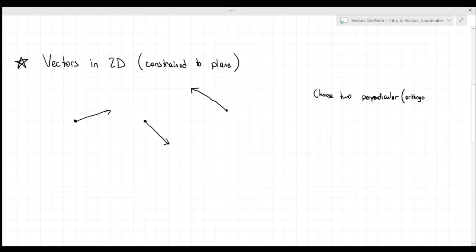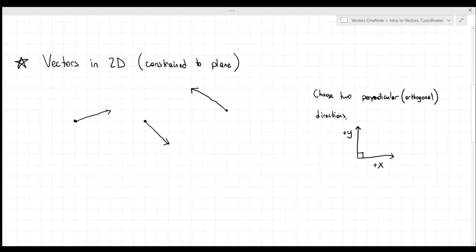That's the word that people will use, I think, more often, especially in mathematics, rather than perpendicular. So choose 2 perpendicular or orthogonal directions. One direction we might call the positive x direction, and then the other perpendicular direction, so at a right angle, that would be the positive y direction, okay?